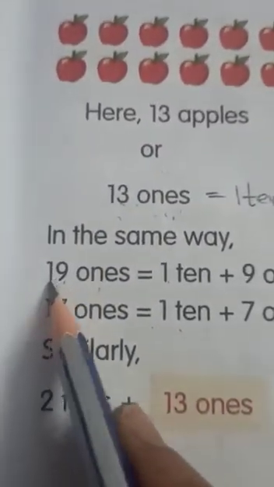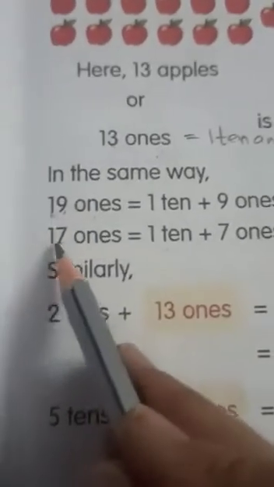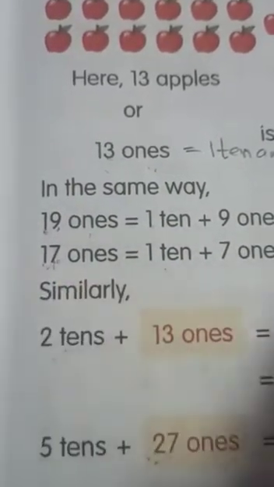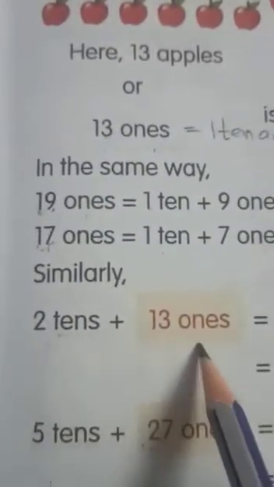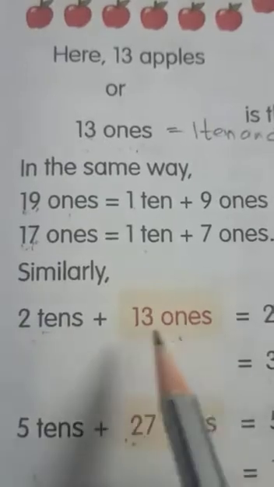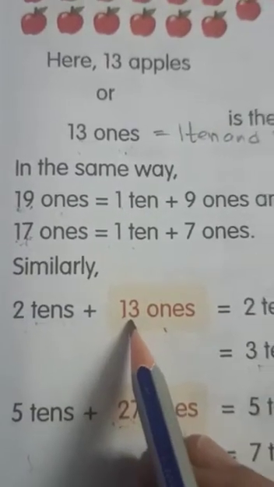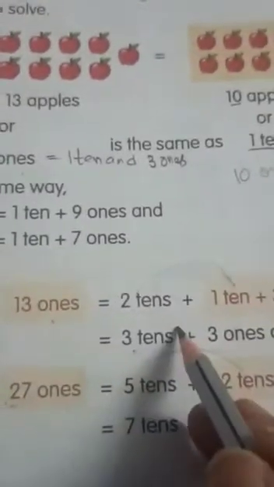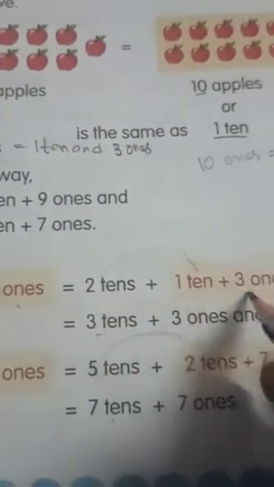In the same way, 19 ones can be written as 1 ten and 9 ones, and 17 ones can be written as 1 ten and 7 ones. So children, for 2 tens and 13 ones, 13 ones can be written as 1 ten and 3 ones. So write 2 tens as it is and this 1 ten and 3 ones.